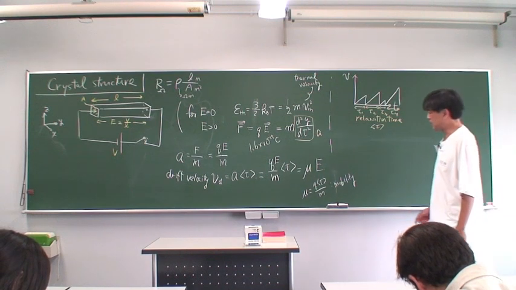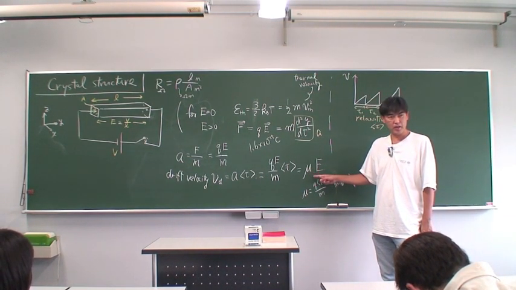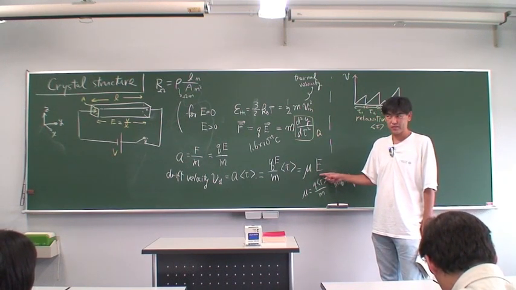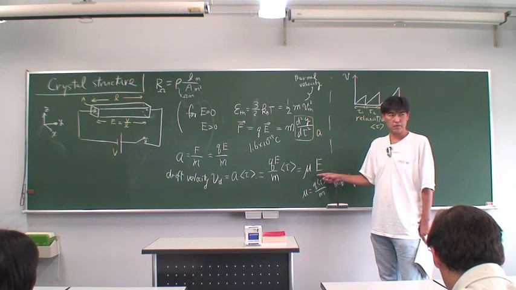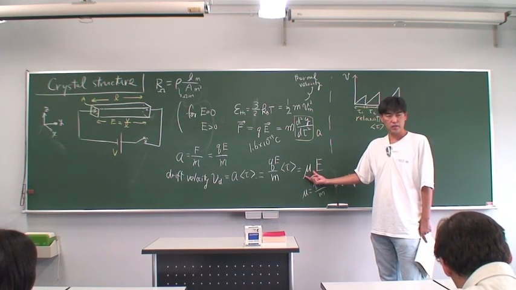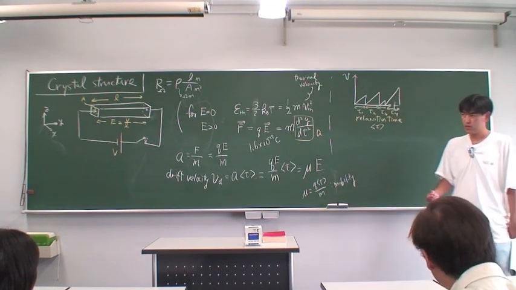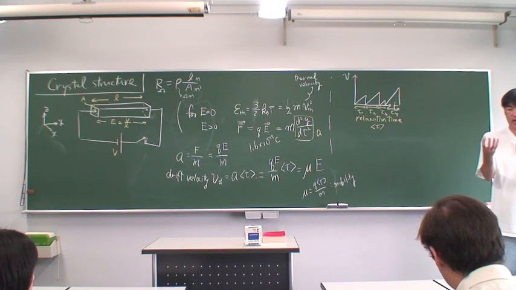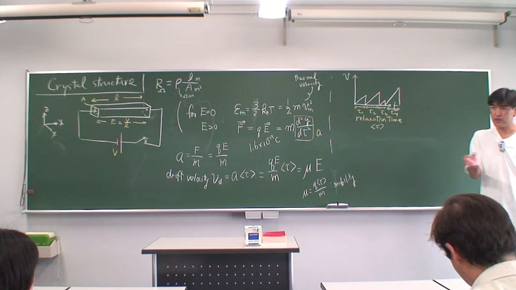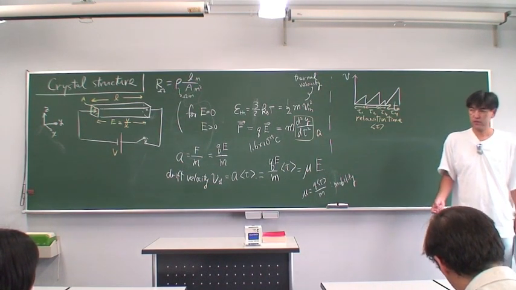So mobility is how velocity is proportional to the applied electric field, if everything works out well. This is basically a proportional constant that determines how electrons are accelerated with an externally applied electric field.